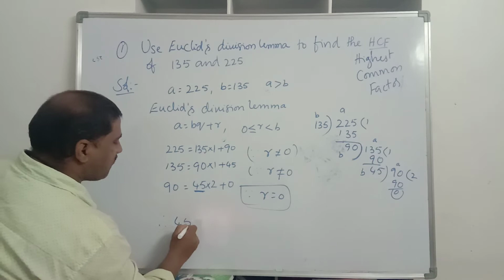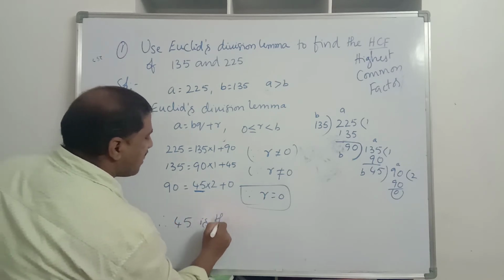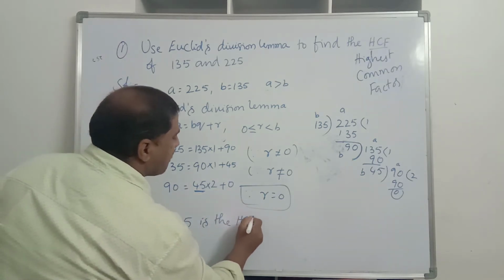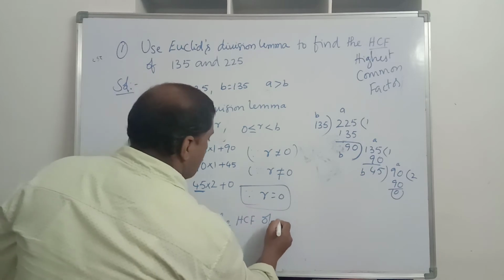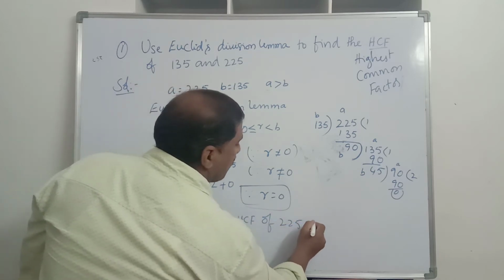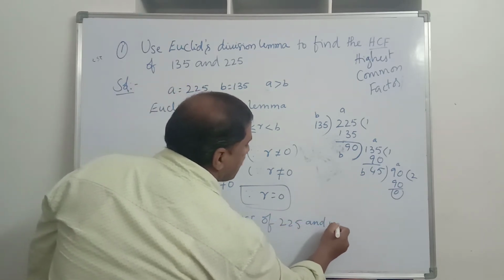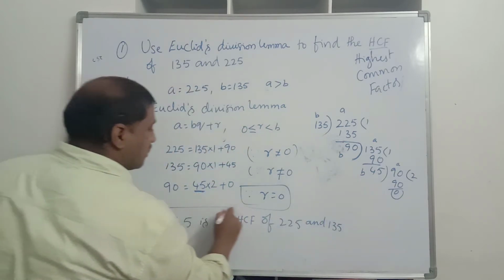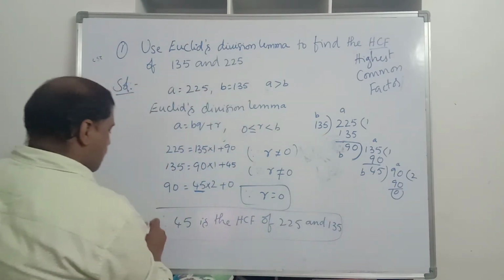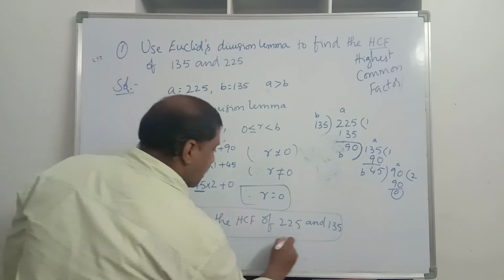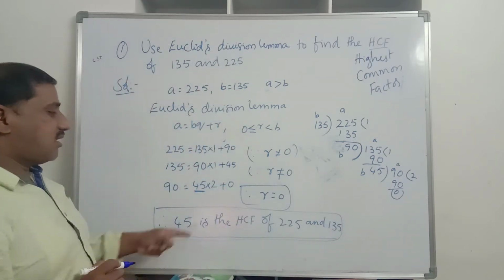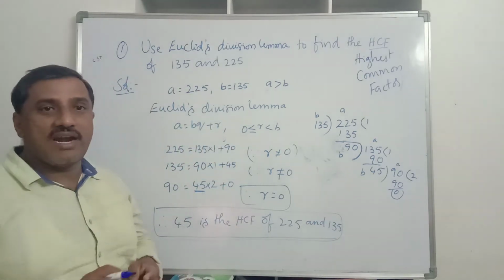Therefore 45 is the HCF, highest common factor, of 225 and 135. So like this we will find the HCF of 225 and 135.